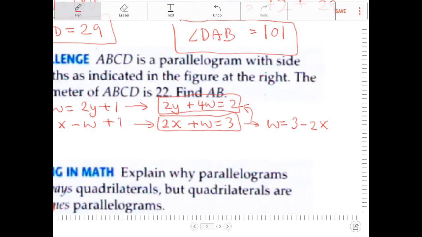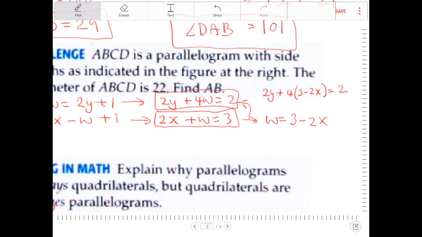So I end up with 2y plus 4 times (3 minus 2x) is equal to 2. I'll end up with y in terms of x, so 2y plus 12 minus 8x is equal to 2.